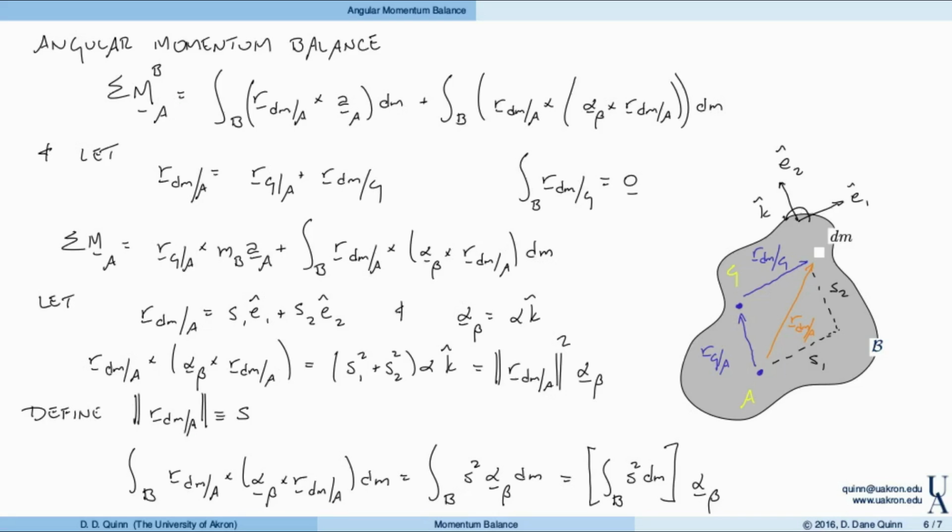And so this is a property of the object, and it plays an equivalent role as the mass of the object. And so it gets a name, and it's referred to as the moment of inertia of the body about point A. So I is the moment of inertia of the body about point A.